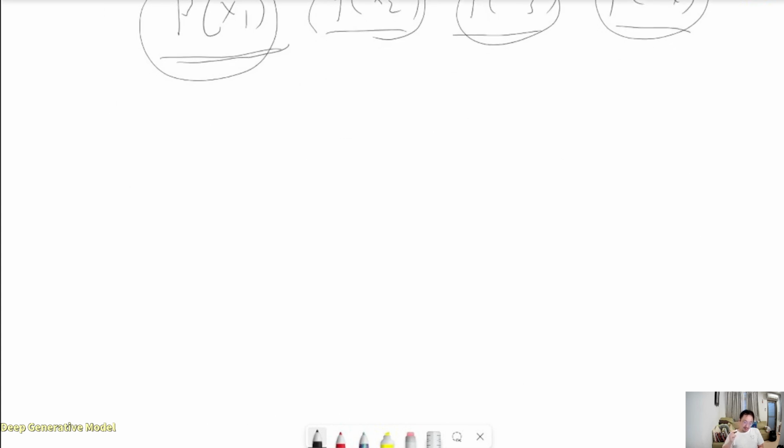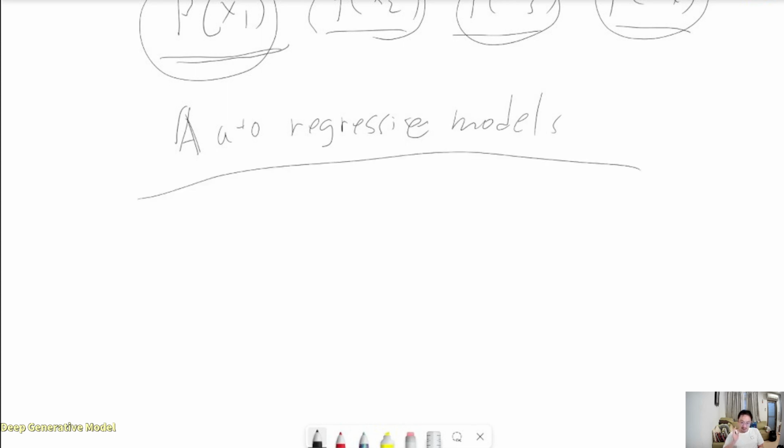So in this sense, the autoregressive terminology in this context is more like an approach where we decompose the joint probability. This is not the only way that we can do so.